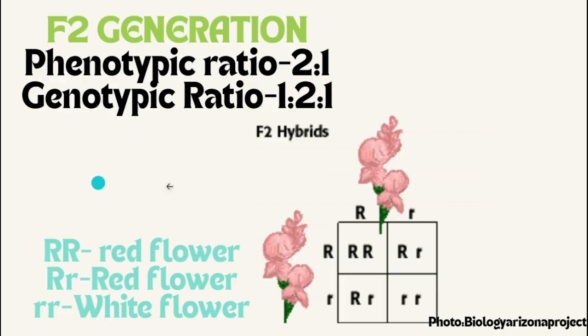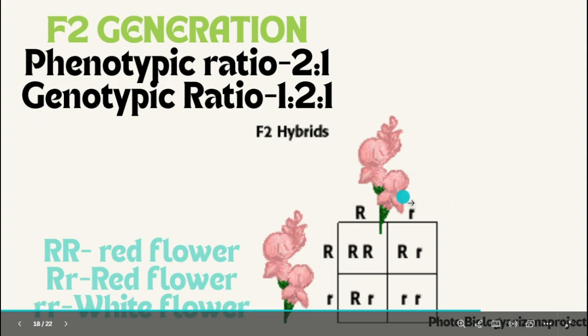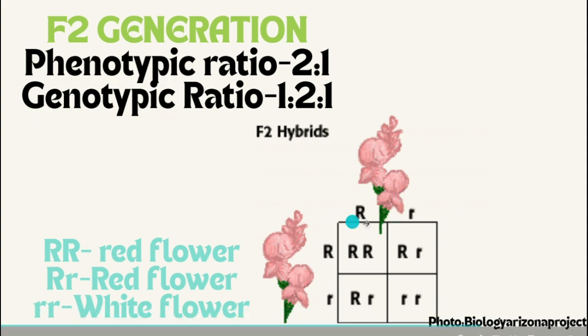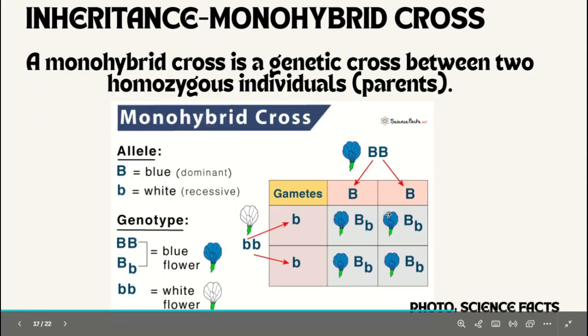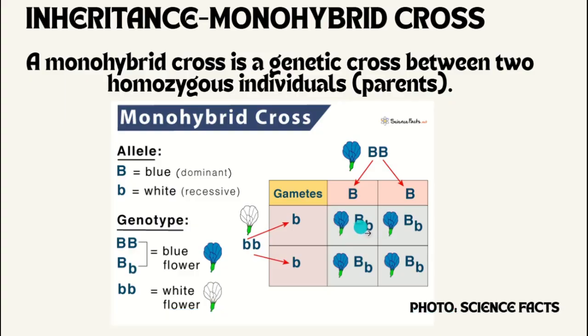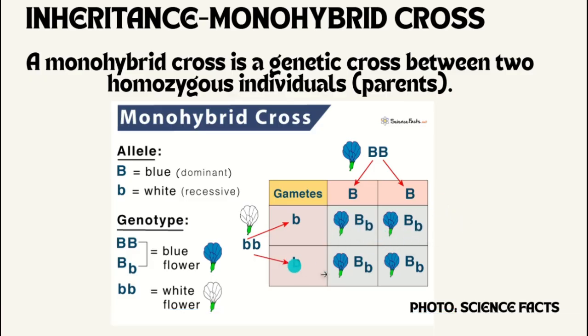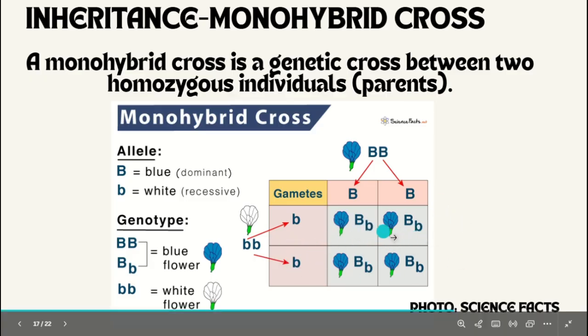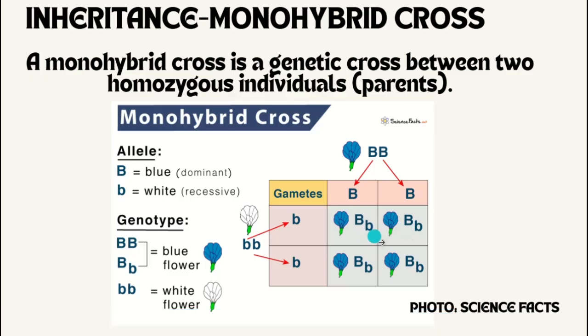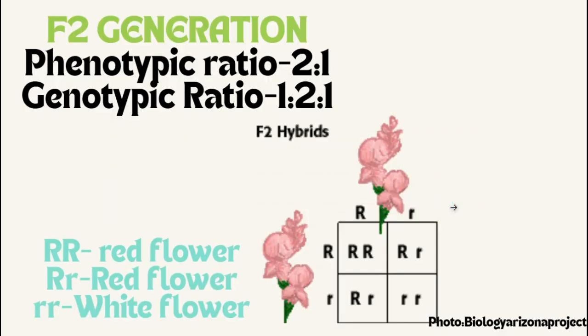Now we're using a different example. What's happening here is we have two heterozygous individuals. All of these individuals are heterozygous, because they have two different alleles. Usually at the end of the F1 generation, you're going to get heterozygous.